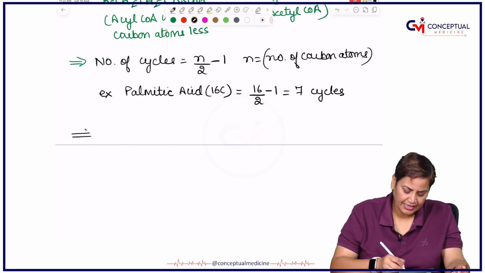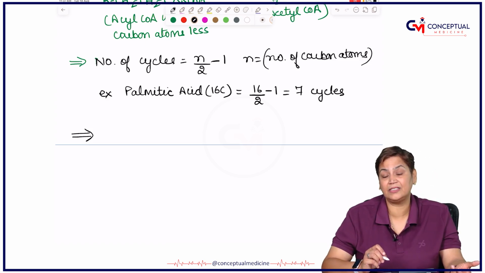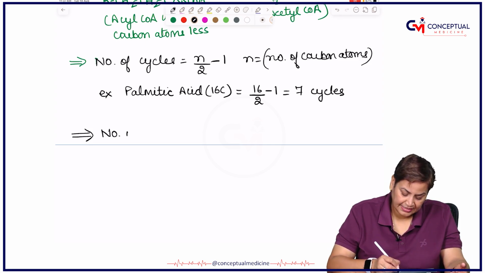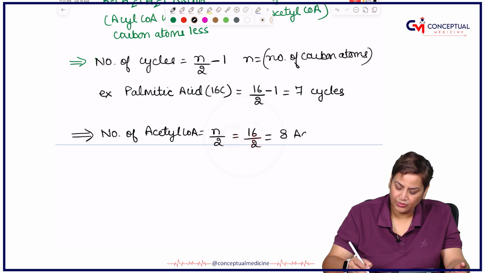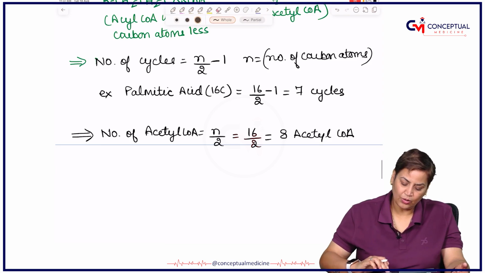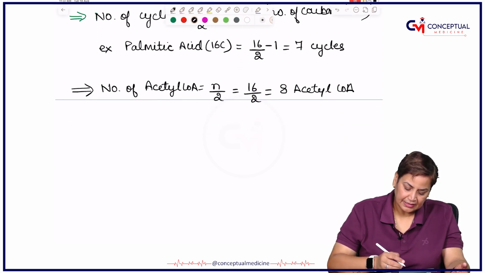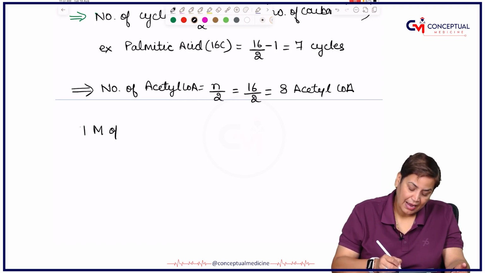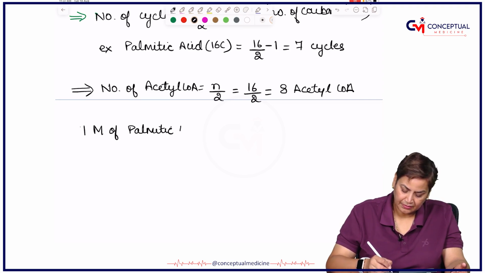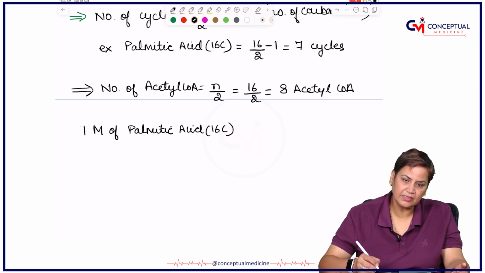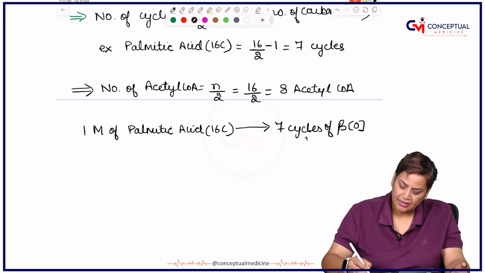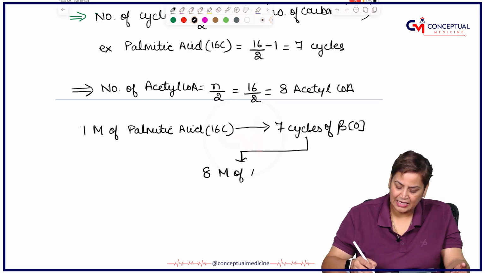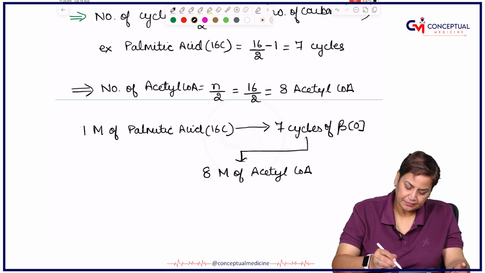Right? And second is how many acetyl coenzyme A are produced. You can see palmitic acid, with 16 carbon atoms, is an even chain fatty acid. So the number of acetyl coenzyme A produced would be n by 2, so 16 by 2 is equivalent to 8 acetyl coenzyme A. So I can simply write it down like this: one molecule of palmitic acid, which has 16 carbon atoms, will undergo 7 cycles of beta oxidation leading to 8 molecules of acetyl coenzyme A. This you have to understand.